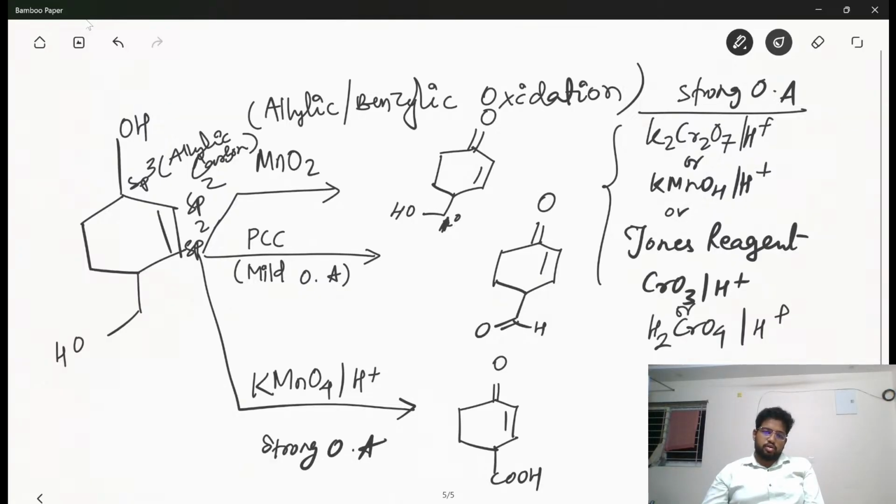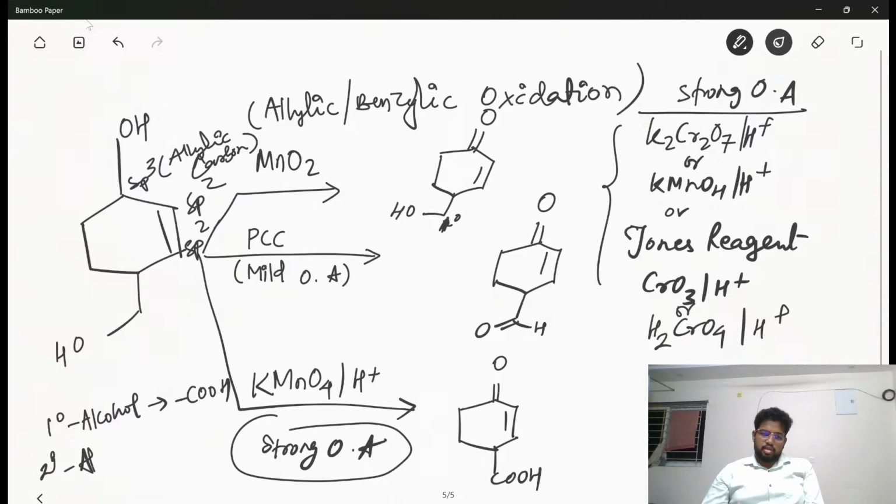And we know any strong oxidizing agent converts 1 degree alcohol to respective carboxylic acid, whereas 2 degree alcohol, same as the previous case, converts to ketone. 2 degree alcohol to ketone and 1 degree alcohol to respective carboxylic acid. Is that clear? 1 degree alcohol will convert to respective carboxylic acid.